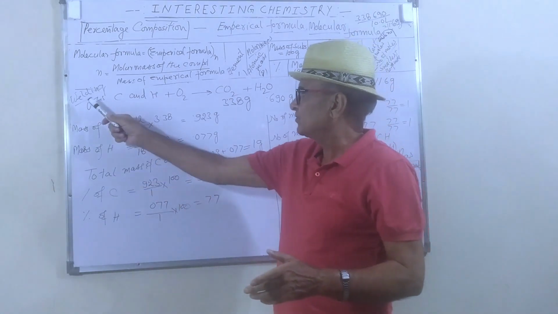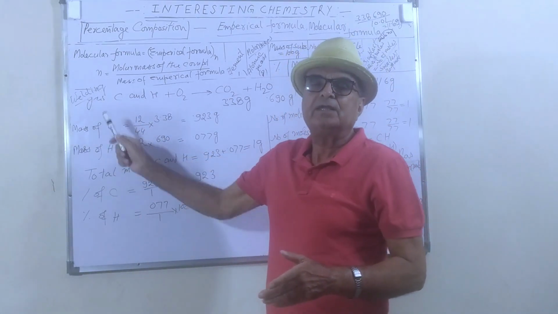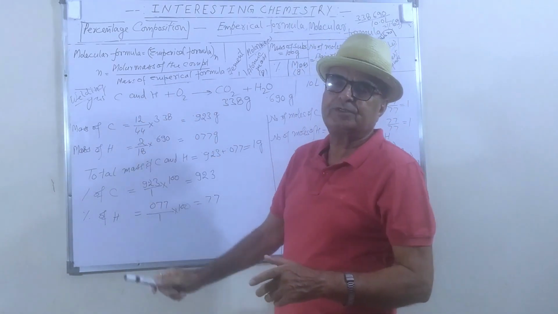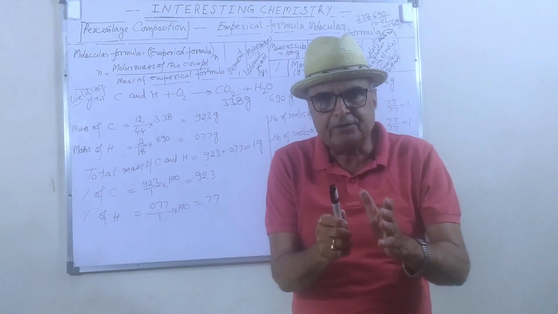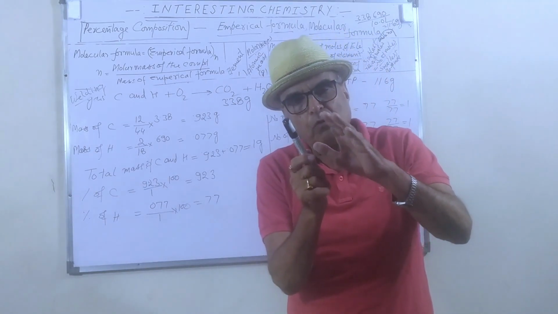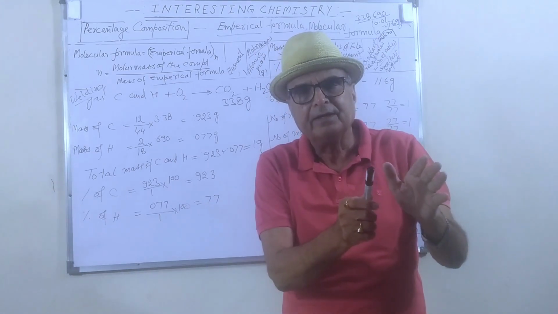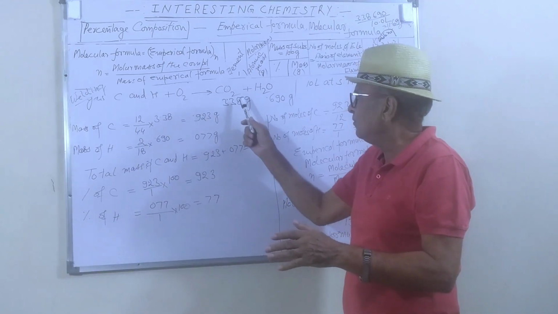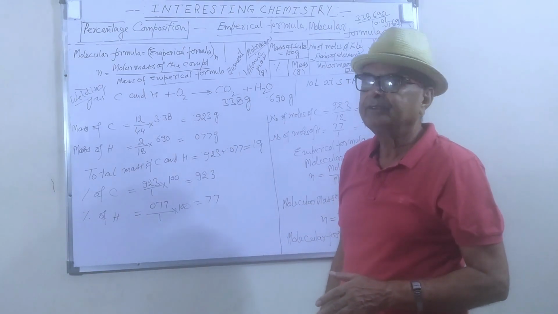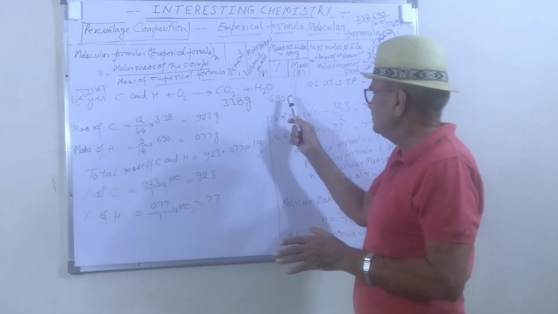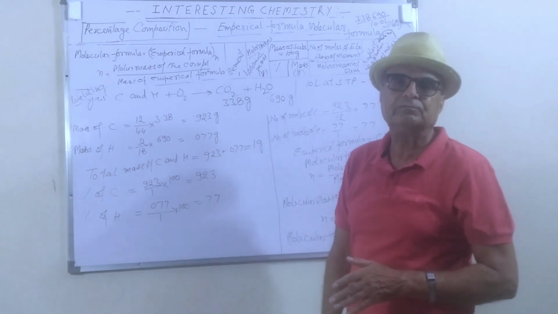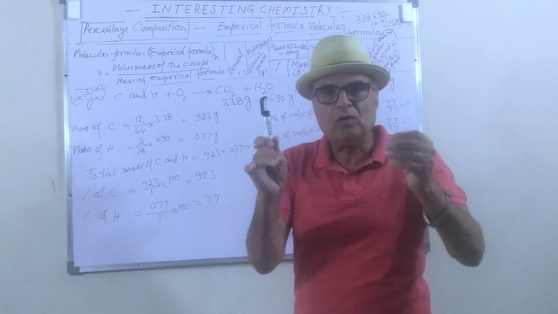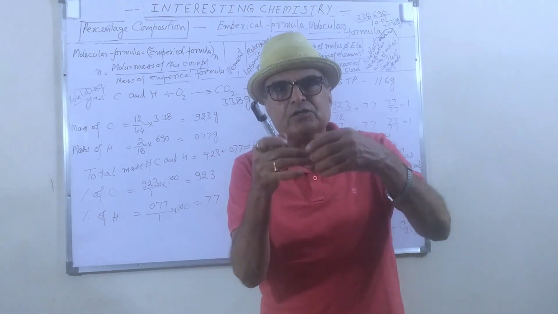A welding gas that is composed of carbon and hydrogen is burnt in the presence of air, which gives 3.38 gram of carbon dioxide and 0.690 gram of H2O. So by burning the gas, we don't know what amount of the welding gas is burnt.